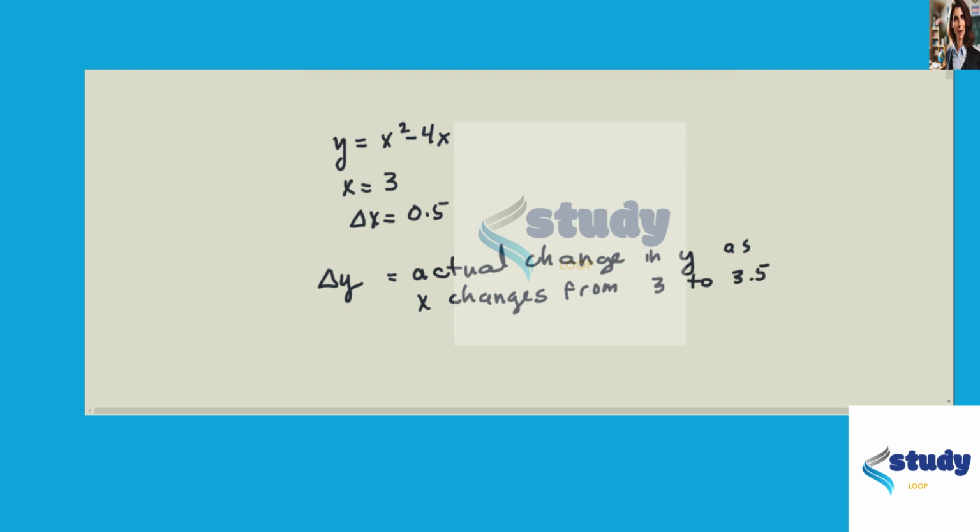All right, so it wants you to first figure out y at 3, and that would be 9 minus 12, which is minus 3.